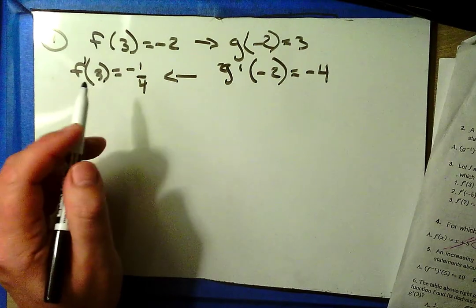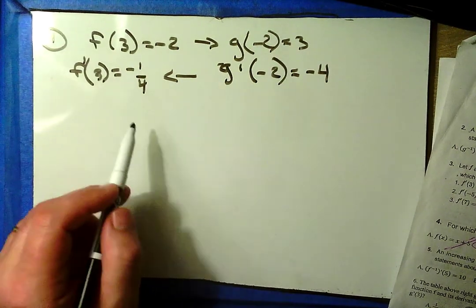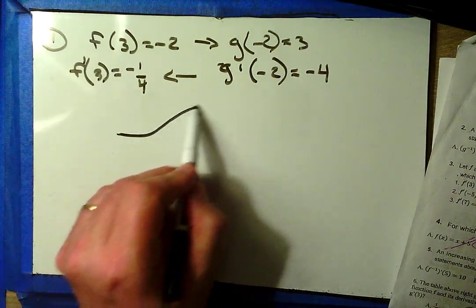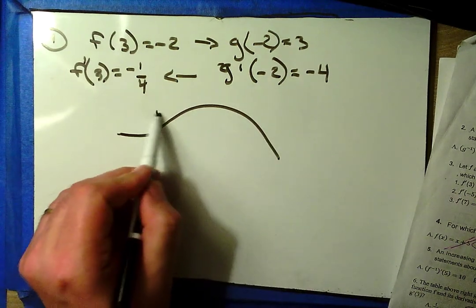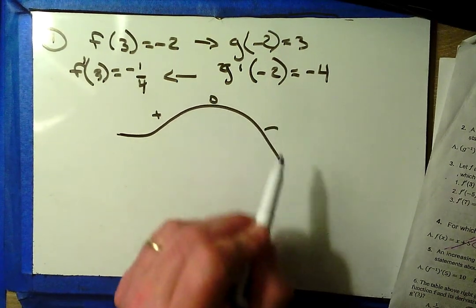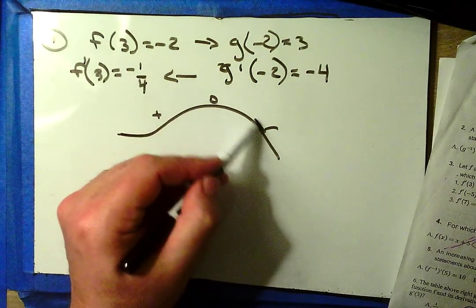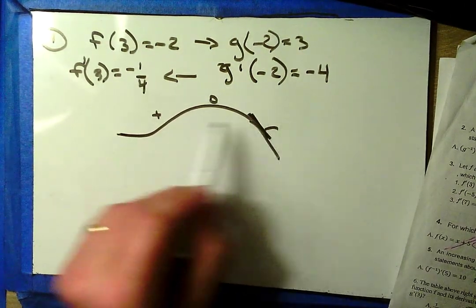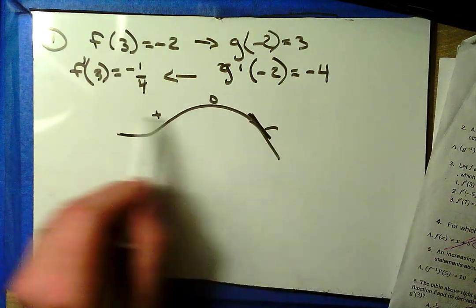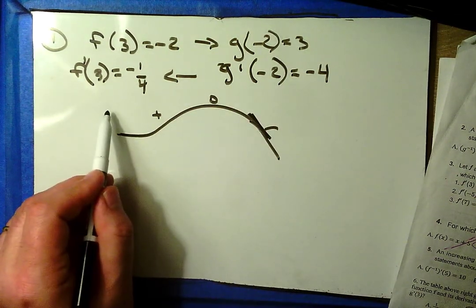And here's why. Okay, so I have a function. It has a positive slope, a 0 slope, and a negative slope. And our function has a negative slope. But this function doesn't pass the horizontal line test.